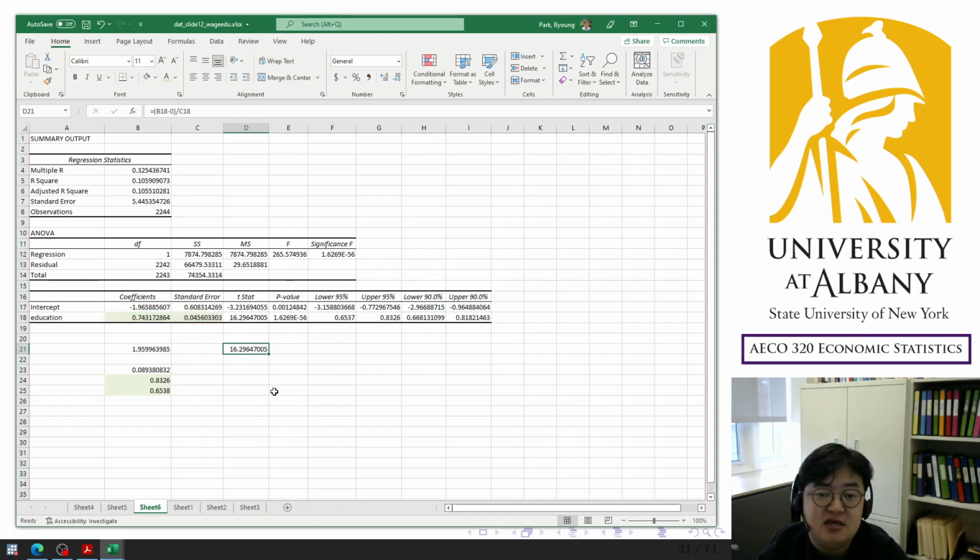The t-statistic is 16.29 something. Exactly the same thing, right? These two numbers are exactly the same. So that's how the t-statistic is calculated. So the t-statistic is correct, 16 point something.